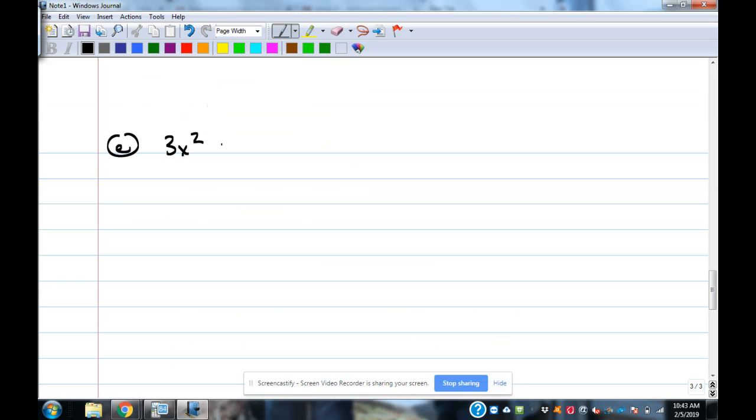3x squared plus 10x minus 300 equals 15 minus 2x squared. That looks rather large.